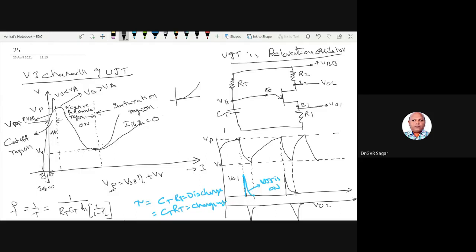Eta is assumed as RB1 by RB1 plus RB2, or RBB. RB1, RB2 means resistances R1, R2, right? So like this, you can calculate the frequency of oscillation. That is one of the applications for the UJT.